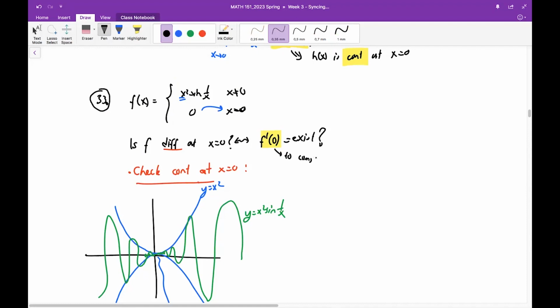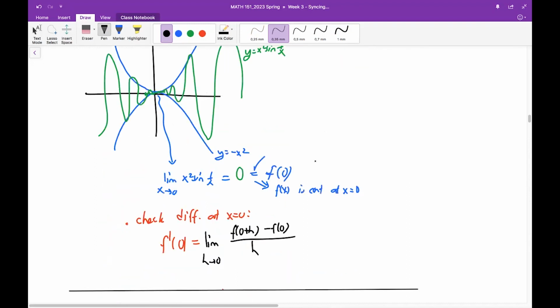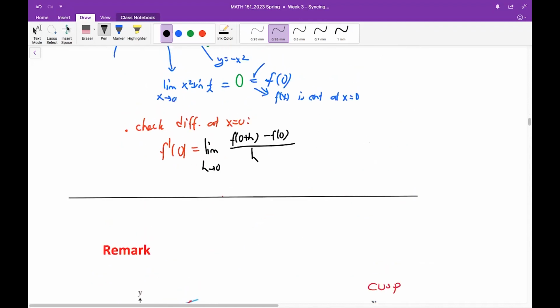To compute this, you have to use the limit definition. You cannot just say, okay, this is a constant function 0, and the derivative of a constant is 0. No, this is completely wrong. You have to find out the result by using the limit definition, by computing the result of this limit.